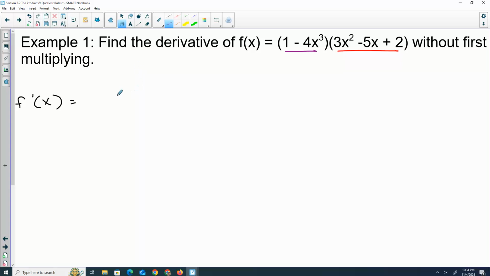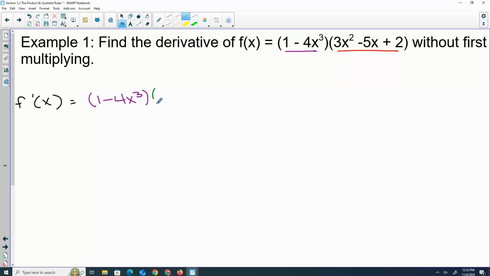First. Okay, so keep the first the same: f times g prime. So the first function didn't change.